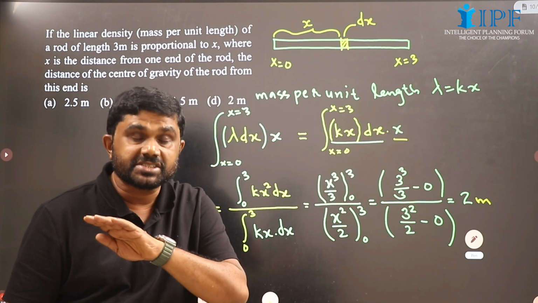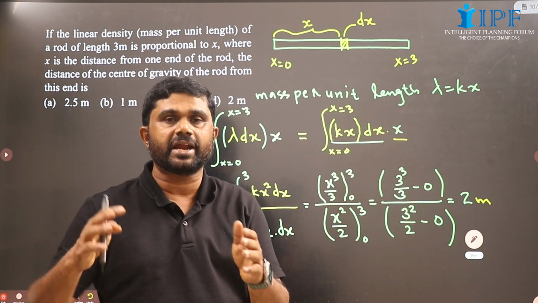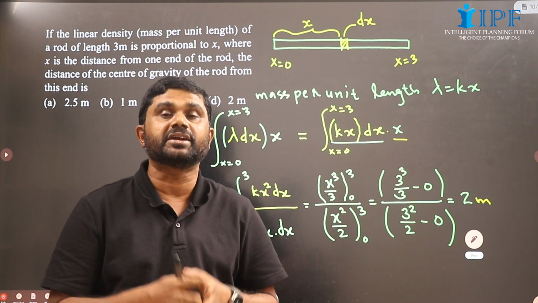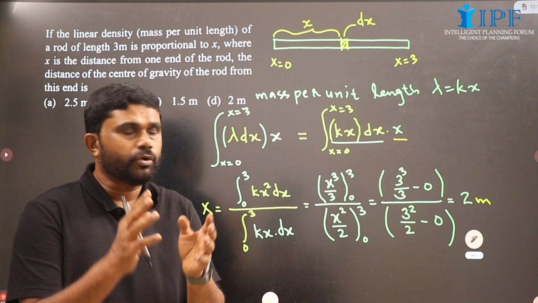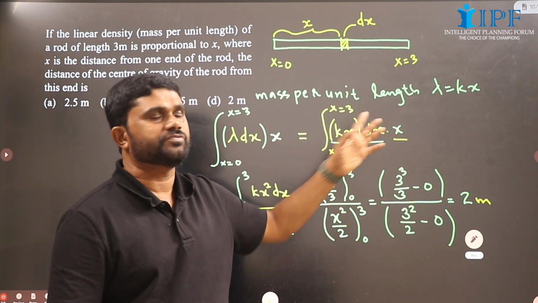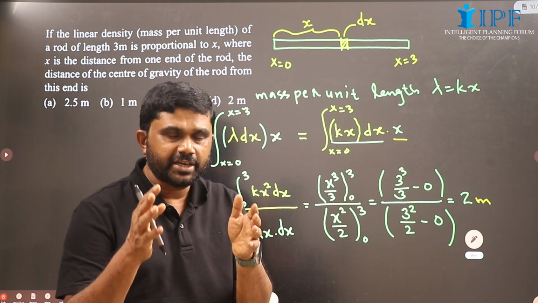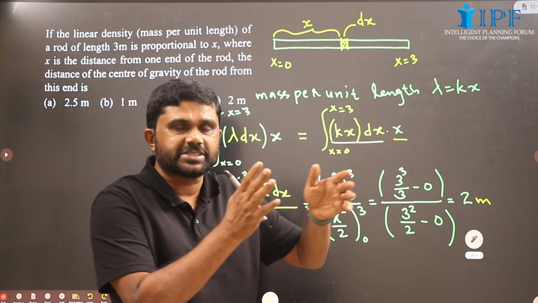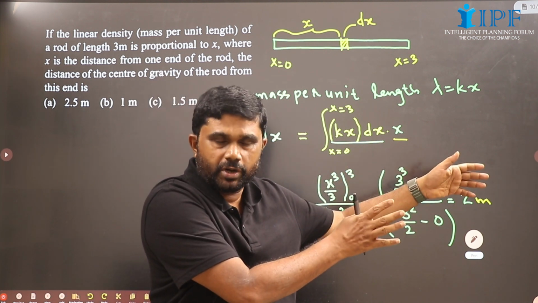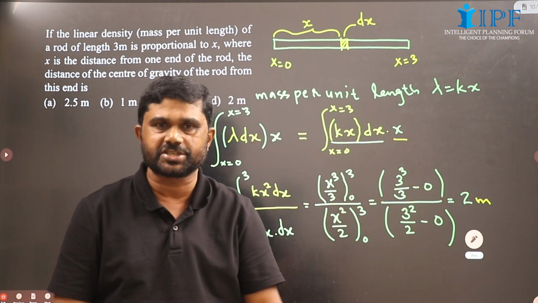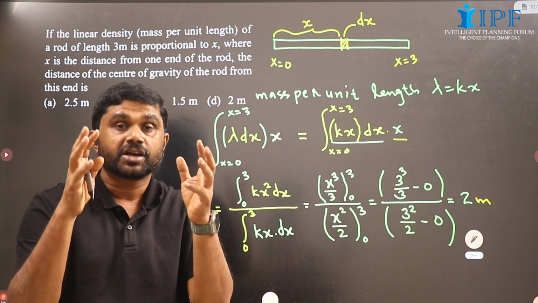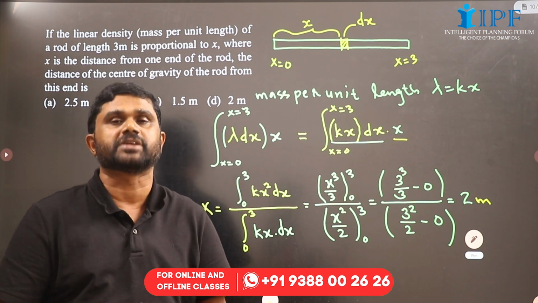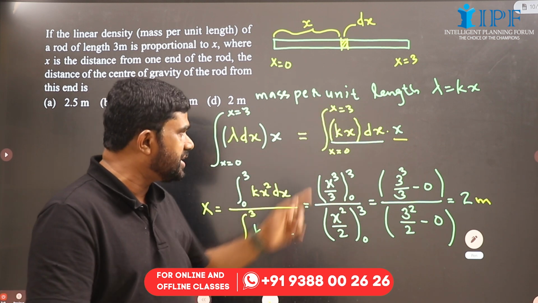And here x is a continuous variable, not a discrete variable like 1, 2, 3. We have to find m1 x1 plus m2 x2 plus m3 x3 plus m4 x4. That is a discrete summation. Here we have to do a continuous summation, which means we will have to integrate.